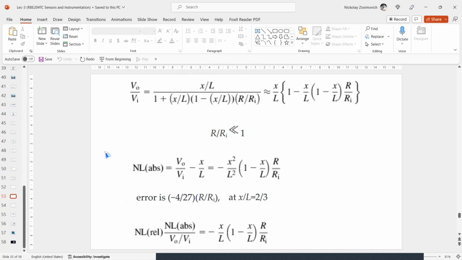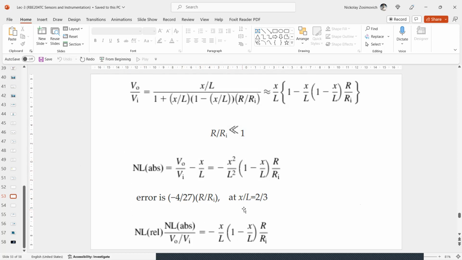So the endpoint linearity error in this case, the deviation from the ideal transfer X over L, we can see NL, nonlinearity. The maximum error in this case is minus 4 over 27 R over Ri, if we have X over L in case 2 over 3.